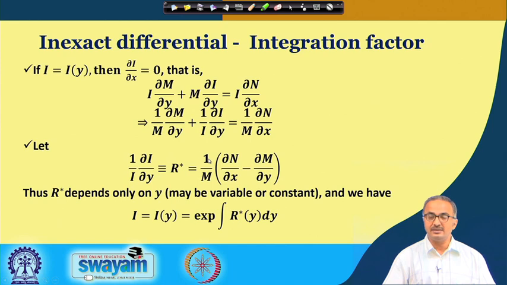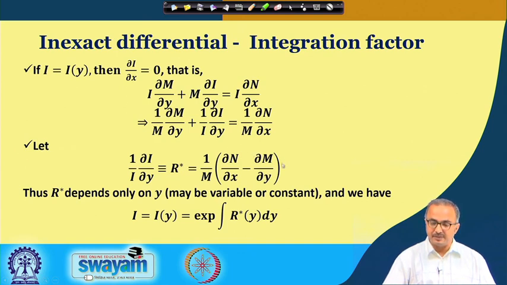What we gain by this is that this particular term is a function of only y, and let us call this term r star, to distinguish it from r, that is, 1 by I dou I by dou x. So, this r star is nothing but this particular term.